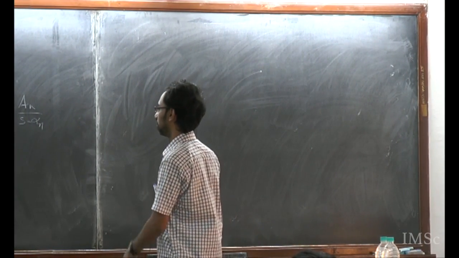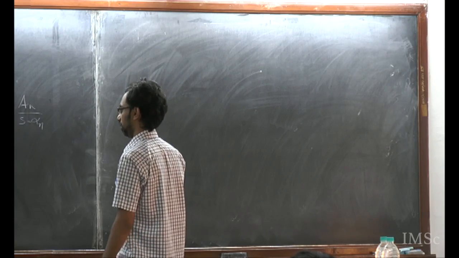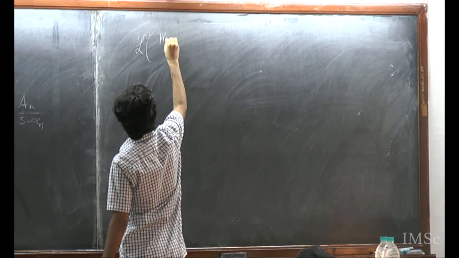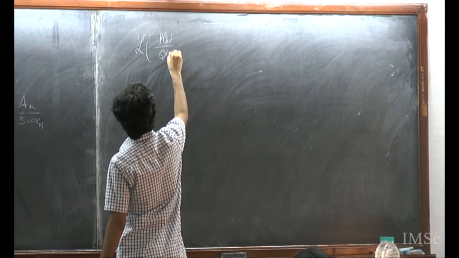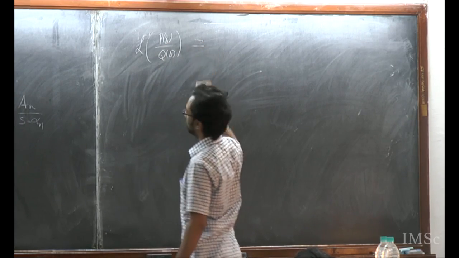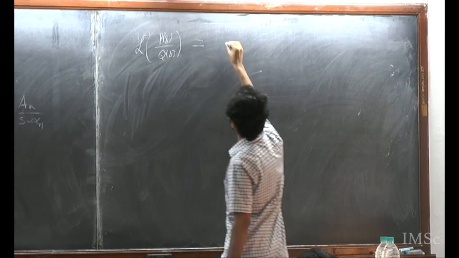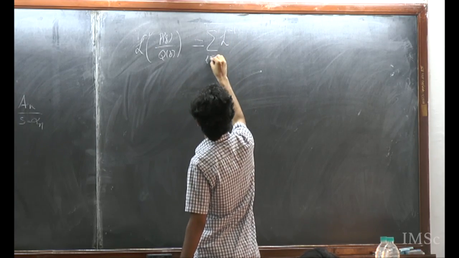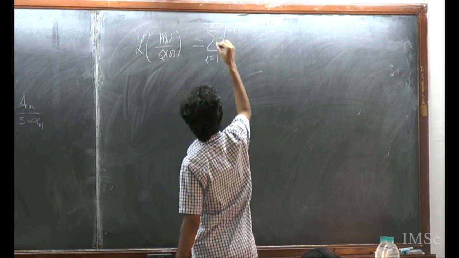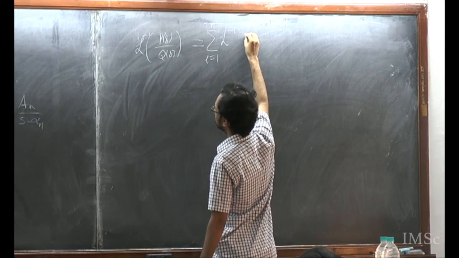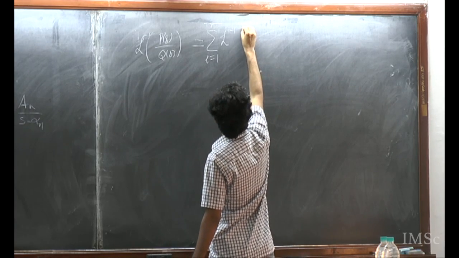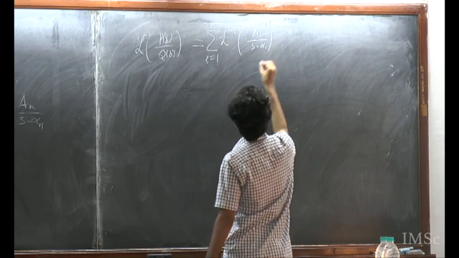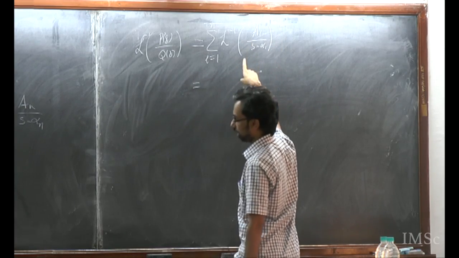Right, so L inverse of P(s) over Q(s), what will it be? This is the sum over i from 1 to n of L inverse of ai by (s minus alpha i), but we already know what ai is.